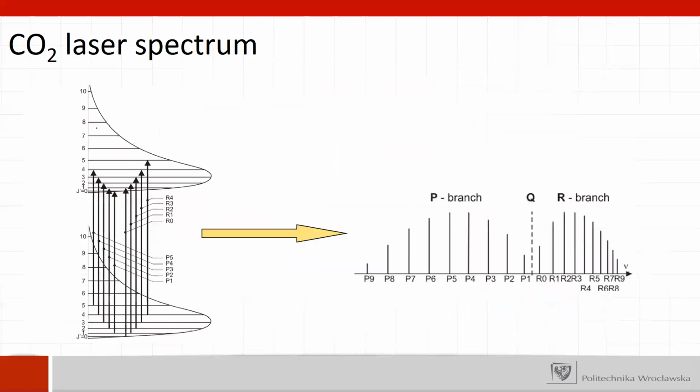And this is the shape of this level in more detail. So this is like a group of 10 levels, so we have 10 different transitions here between these levels actually.